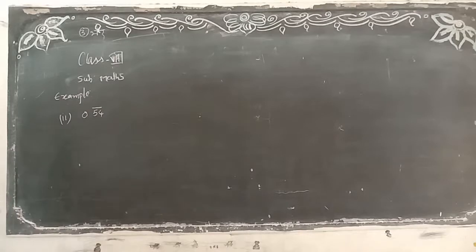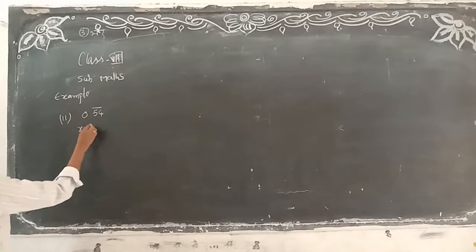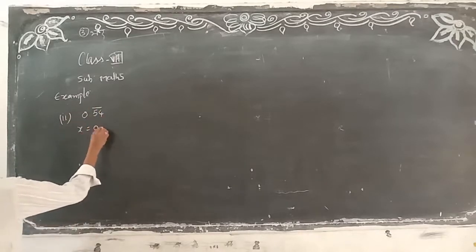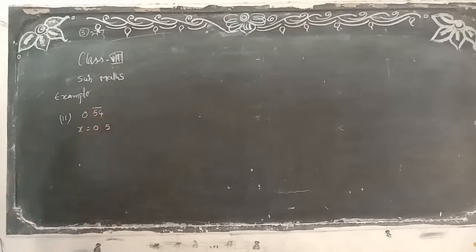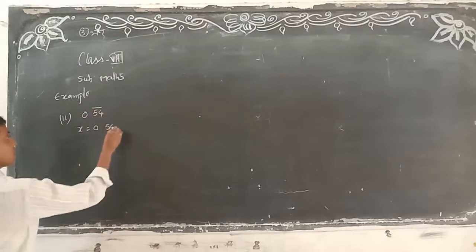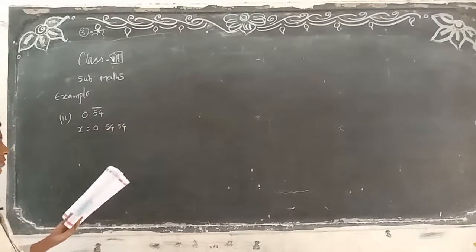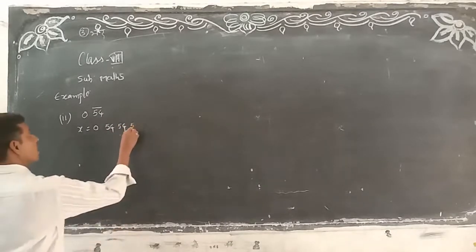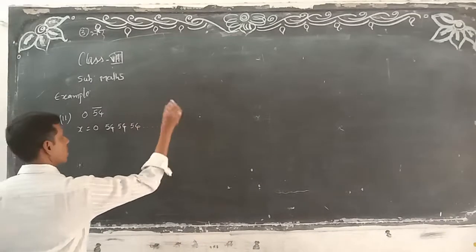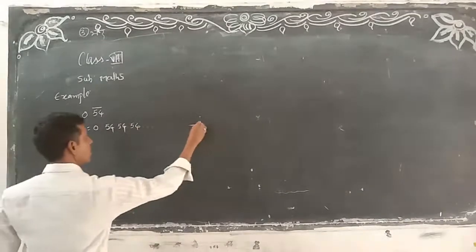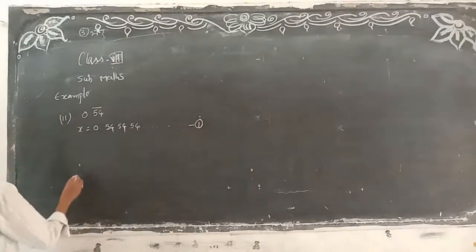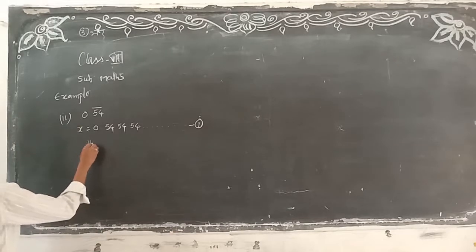First, whatever the given number is, think of it as x. 0. The bar is over how many numbers here? 54. Write 54 again. If you write two numbers, it's enough; if you want one more, you can write 54 again, dot dot dot. This is equation number 1. Next, write down the periodicity here.